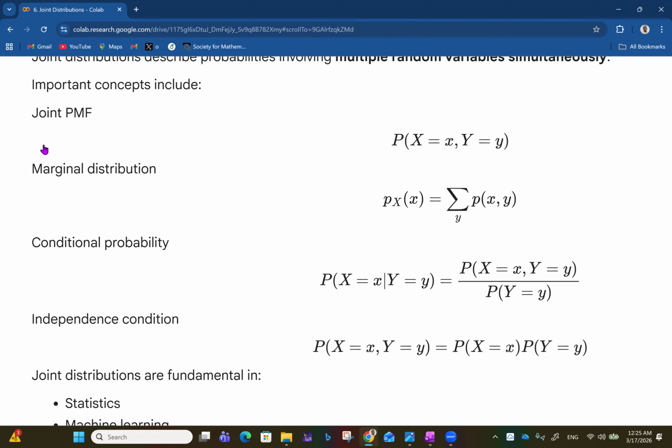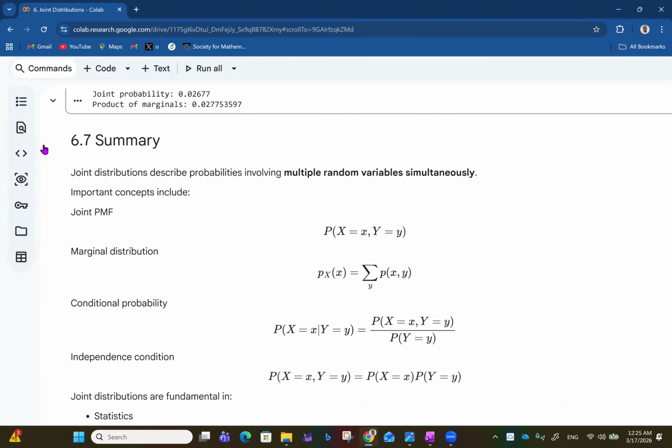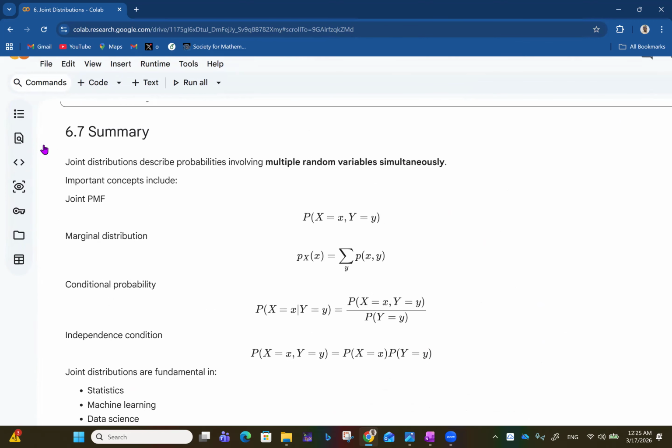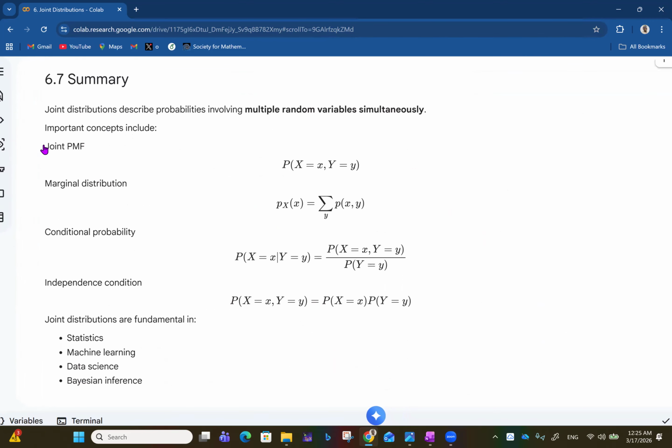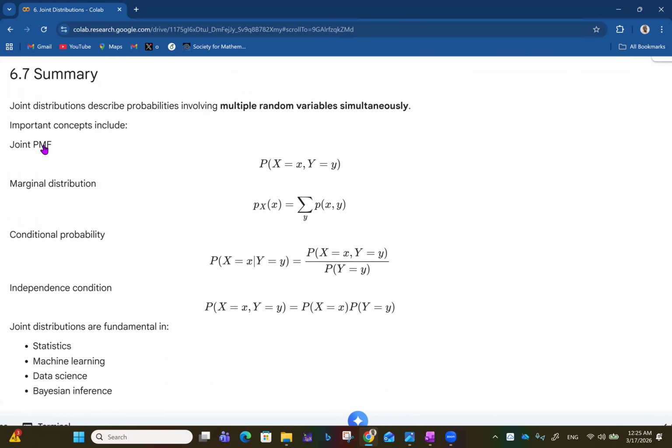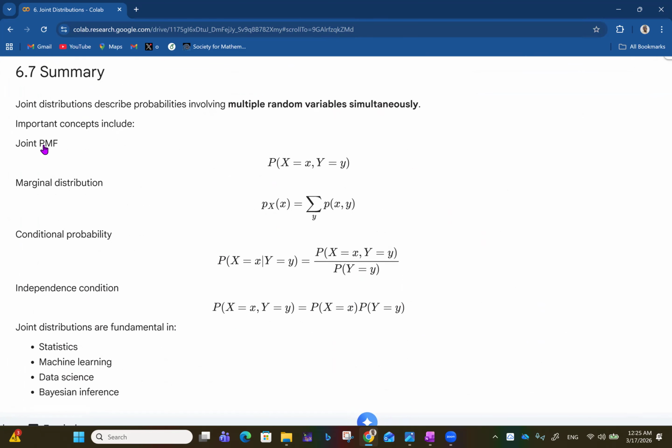In summary, we have this: joint distributions describe probabilities involving multiple random variables simultaneously. And we have important concepts which include the joint probability mass function, which is P of X equals x, Y equals y; the marginal distribution, P sub X of x, is the summation over y of P of x comma y.